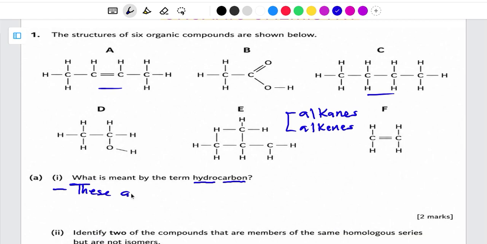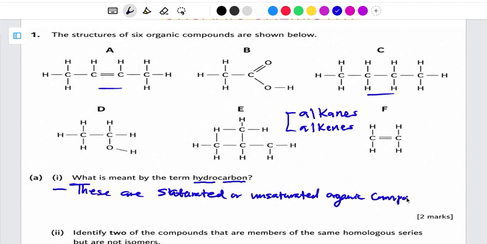So we can say hydrocarbons are saturated or unsaturated organic compounds made up of hydrogen and carbon atoms only.